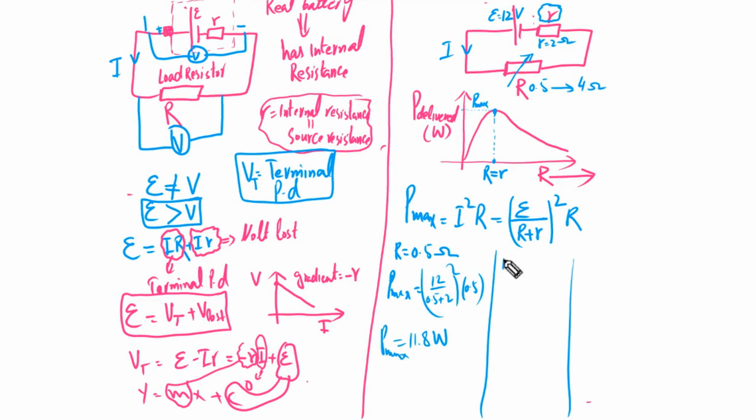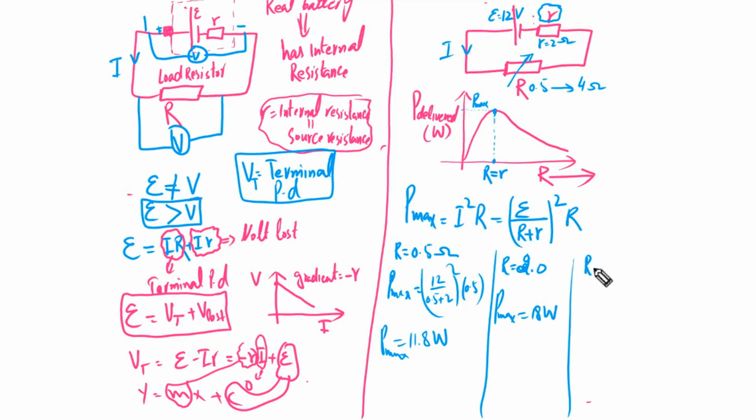Okay, and if you use R is equal to 2, just do it quickly. If you find P max, you will get 18 watts. This is the maximum.